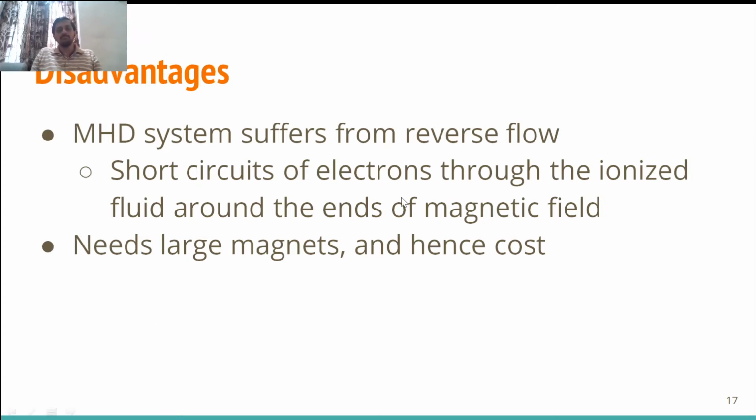This will reduce the strength of the magnet, and it will allow the electrons to flow in the opposite direction, reverse direction, and short circuits of electrons may happen because of that, especially at the end of the magnetic field. And you may require large magnets of very high strength, as I mentioned, and the cost will be high.